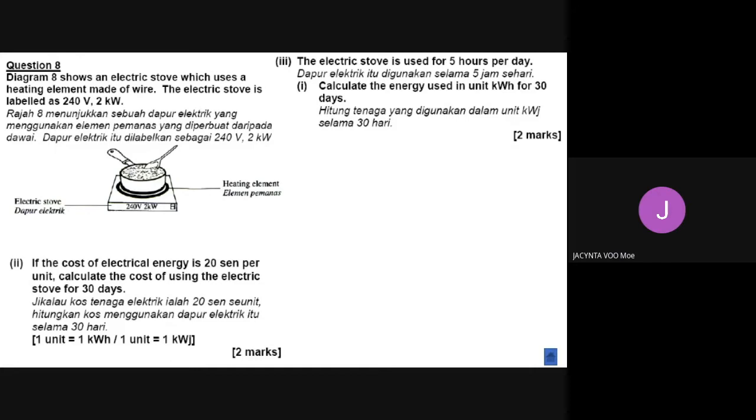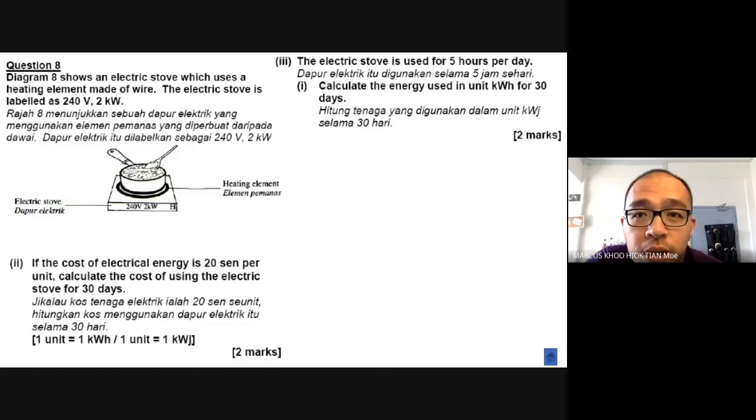Number 3 says 5 hours per day. 2 times 5 equals 10 kilowatt hour, and then 10 times 30 equals 300. Oh my goodness, this question is all over the place. Okay, sorry.